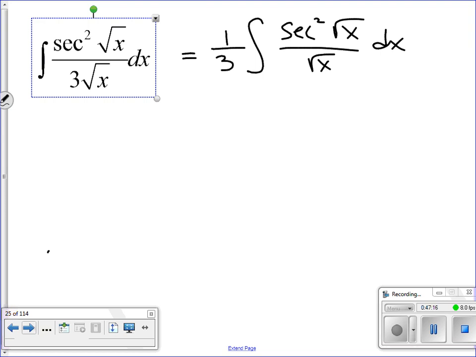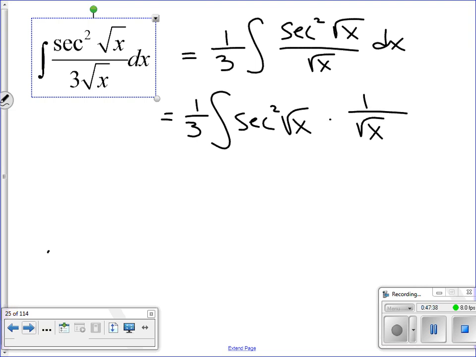So you're thinking, oh, if it was secant squared u, I would know what the antiderivative is. Okay. So again, if u is one of those tricky ones, and I call them tricky only because the du's turn out to be fractions, it might help you to rewrite this as a product. Secant squared rad x times 1 over rad x.